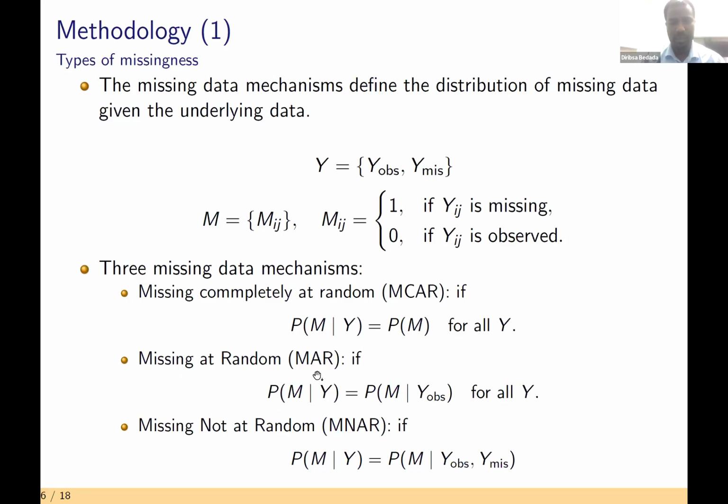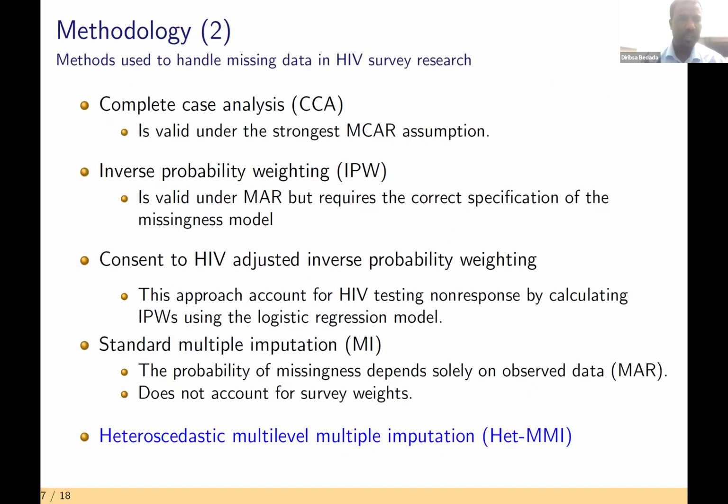Missing at random is when the probability of the missingness given Y only depends on the observed information. Missing not at random mechanism is when the probability of missingness given Y depends on both observed and missing information. And the third one is very complex and complicated.